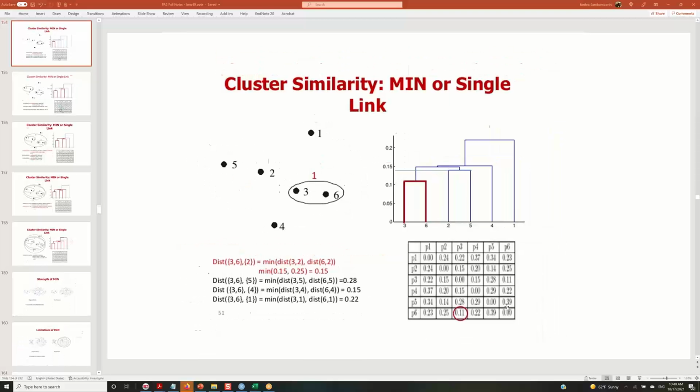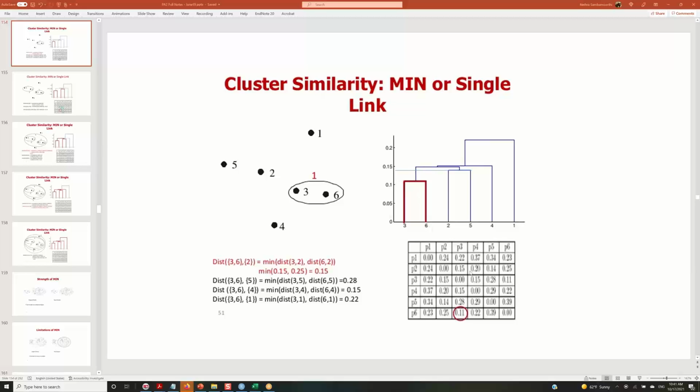Okay, so let's talk about this one. This is your distance for 6 points. If you look at it, the minimum is at P3, P6, so 0.11. So you first link those 2 points. Up to 0.11, only 3 and 6 are connected.